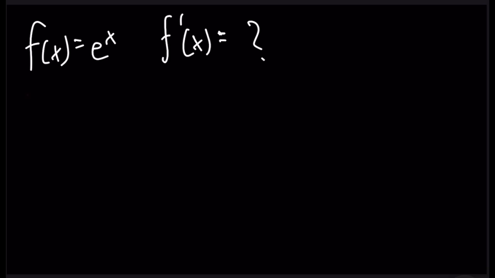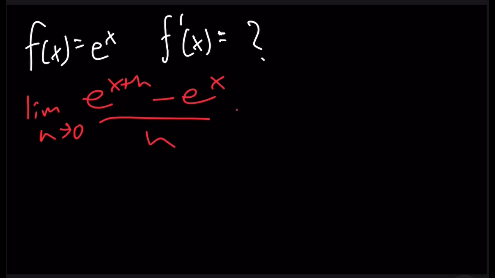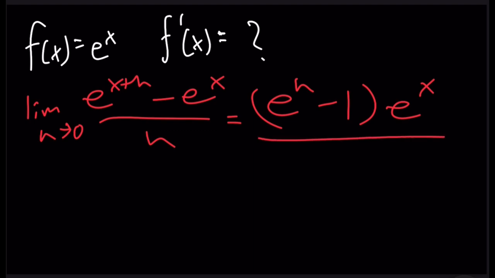So the limit definition states that the limit as h approaches 0 of e to the x plus h minus e to the x all over h is the derivative, right? And so now that we know this, we can set this up to equal e to the h minus 1 times e to the x all over h.